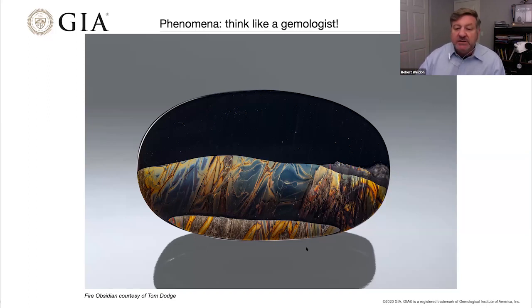Everything has to move until this iridescence that you see here comes forward. It's really quite spectacular. It's a very thin layer, almost like an oil on water effect that you would see in a puddle somewhere. Spectacular material, and it's unique to this locality.